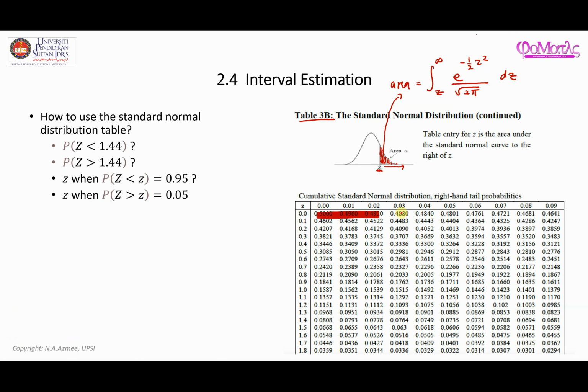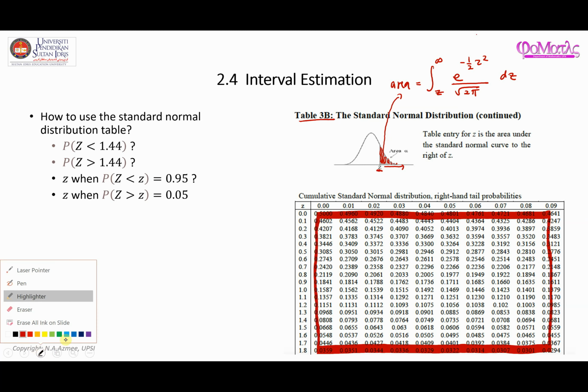So inside the table is the area under the curve. Now for the values of z, z is the horizontal axis.